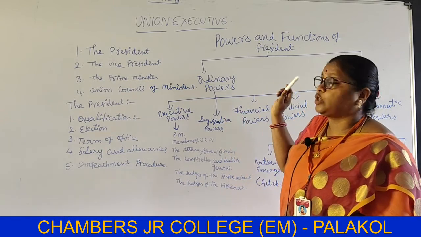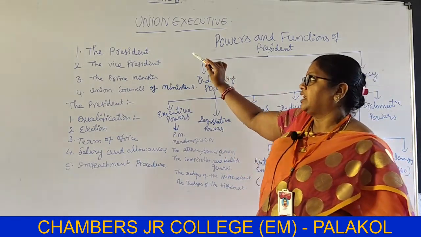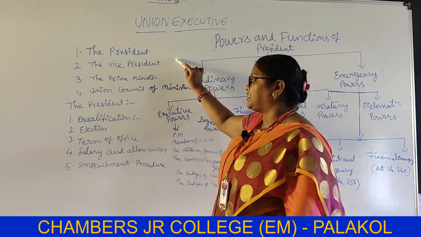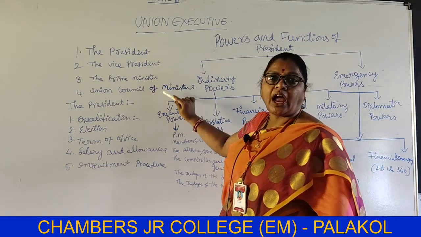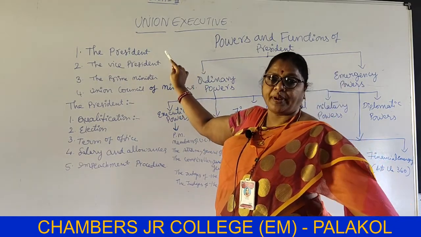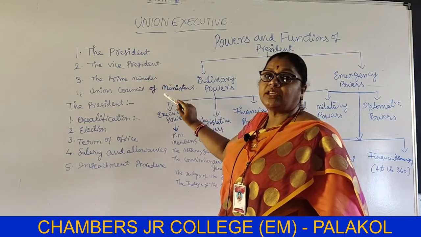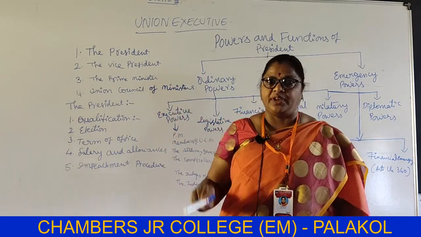So in the union executive, the main persons are the president, vice president, the prime minister, and the union council of ministers. See, who are they? The president, vice president, prime minister, and union council of ministers.